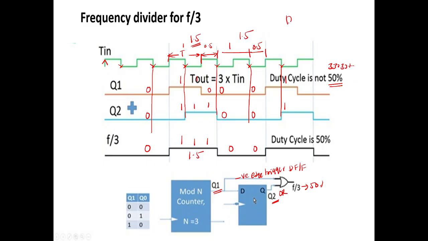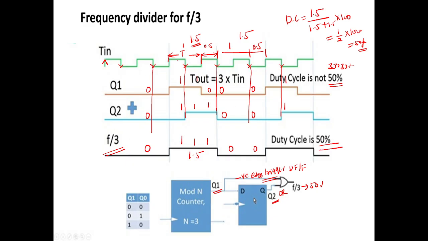So what is my duty cycle? Duty cycle is on time 1.5 divided by 1.5 plus 1.5, into 100. That is 1 by 2, into 100, so you get a 50% duty cycle. So by using the negative edge trigger D flip flop, you are converting your divide by 3 circuit into a circuit with 50% duty cycle.